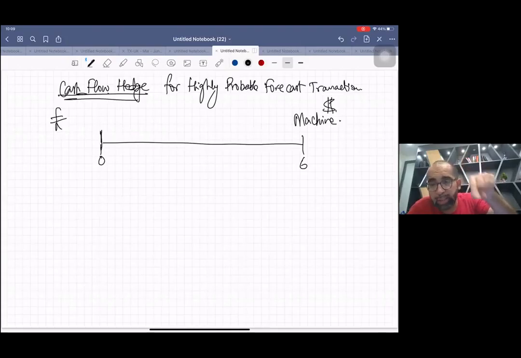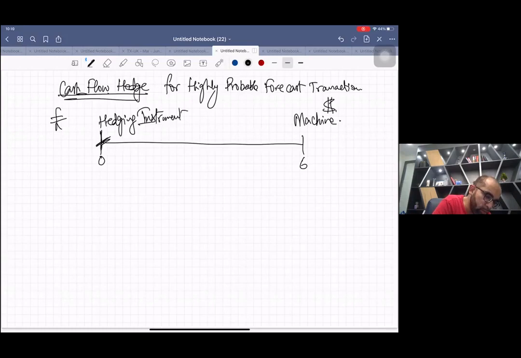So now, to mitigate this risk, to reduce this risk, we entered in hedging instrument now. A derivative. We entered in a forward market bet or a derivative now.